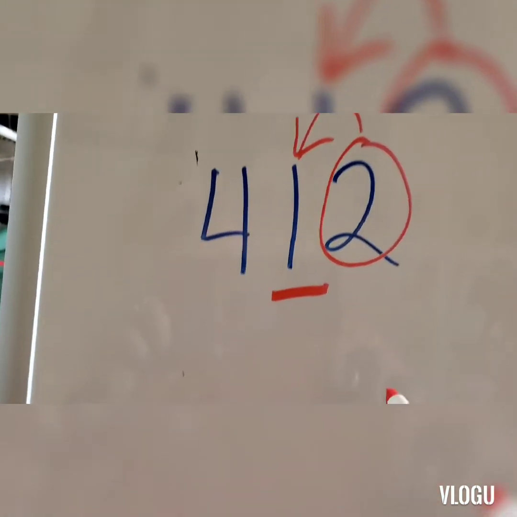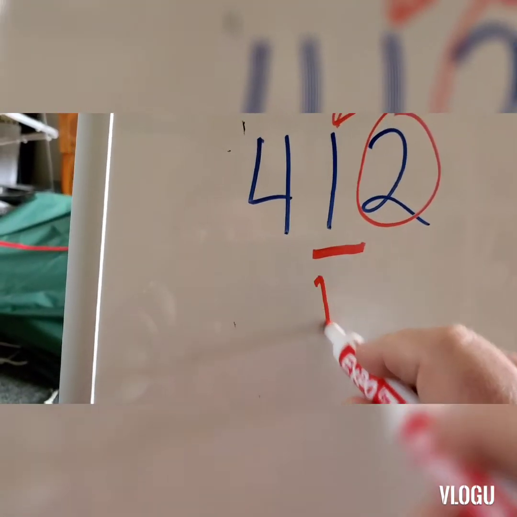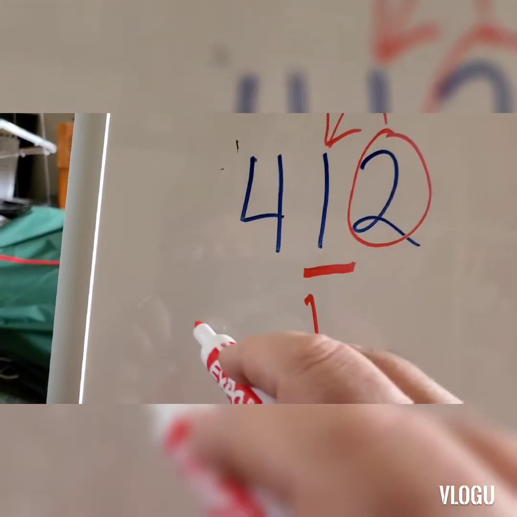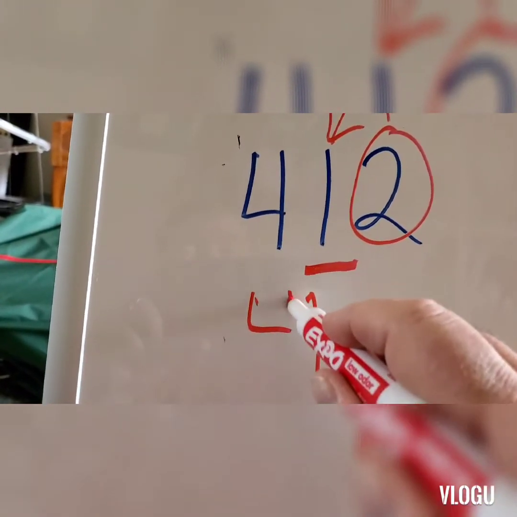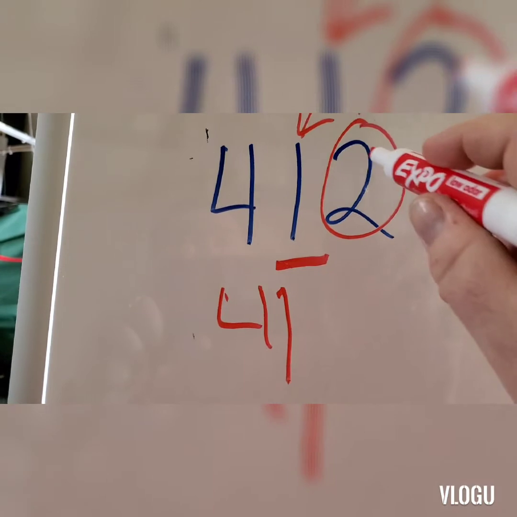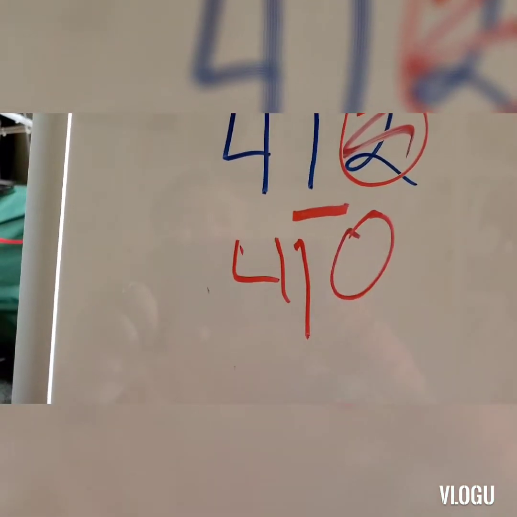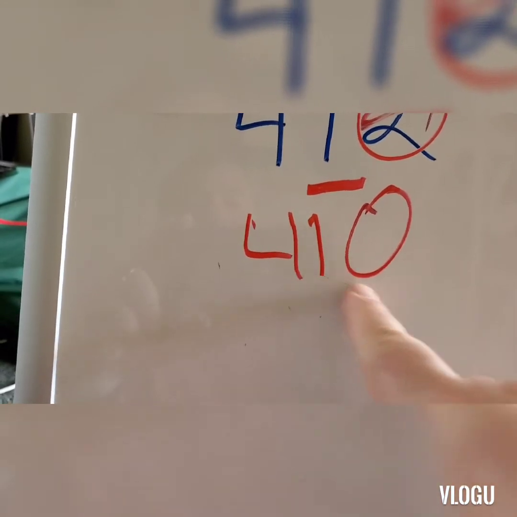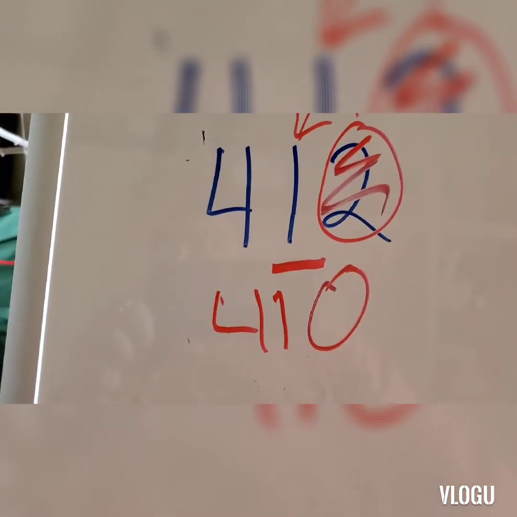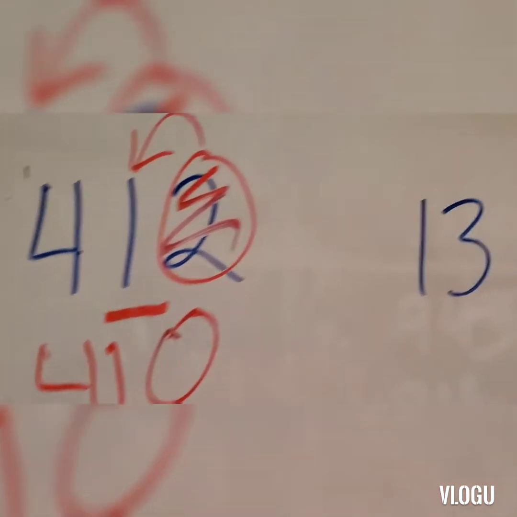So 1 stays the same. The 4 stays the same. That just brings it right on down. And then bzzzt, the 2 blanks out to a 0. And the answer for number 1 is 410.